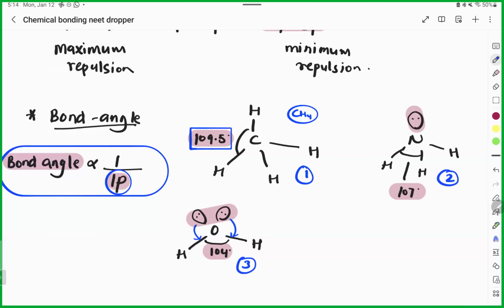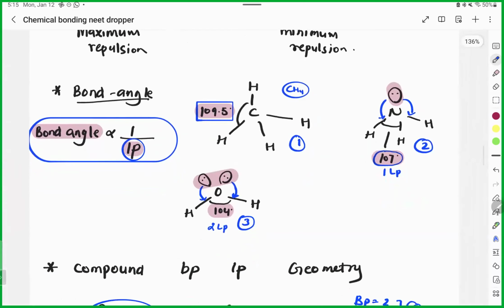Second, if you have one lone pair, then bond angle will reduce because of repulsion. It tries to accommodate more space. They will come closer, bond angle will reduce. And in this case, you have two lone pairs, then repulsion will be maximum. Maximum repulsion, angle will reduce. So more lone pairs, less angle. Make sense? Yes. Anybody have doubt?